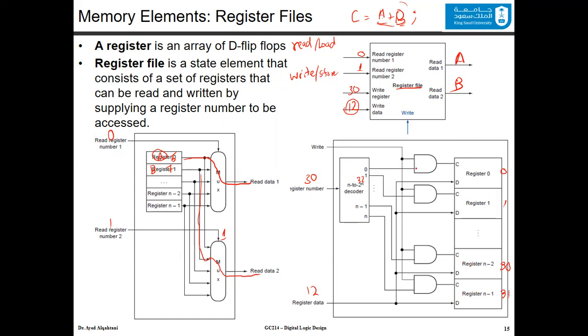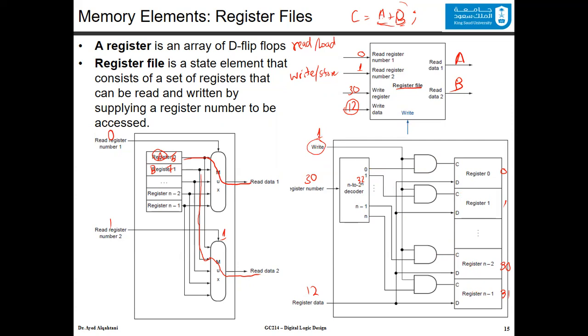And notice that it doesn't go directly, it's AND gated with a control called the write. If you want to write, the write should be 1. If you don't want to write, it would be 0. This is for protecting the register. You only write when the signal is equal to 1.